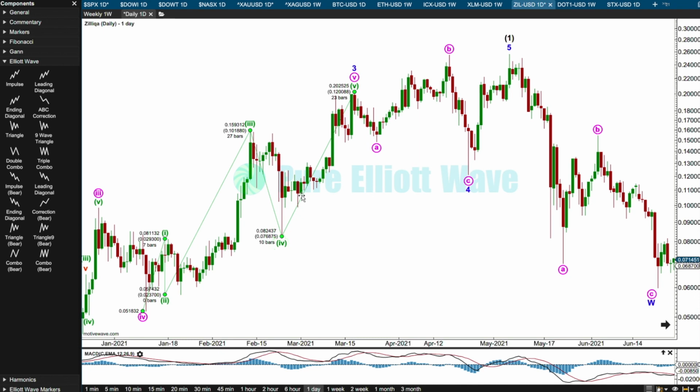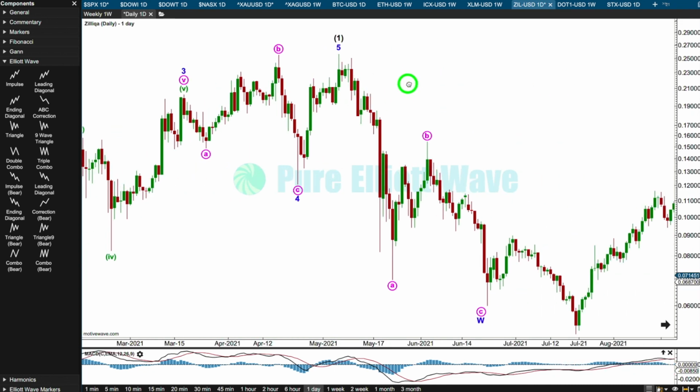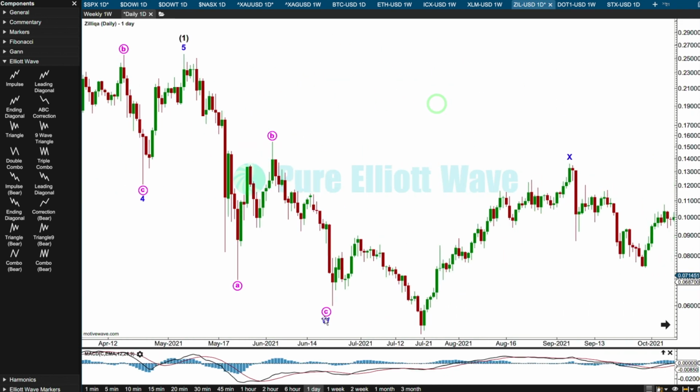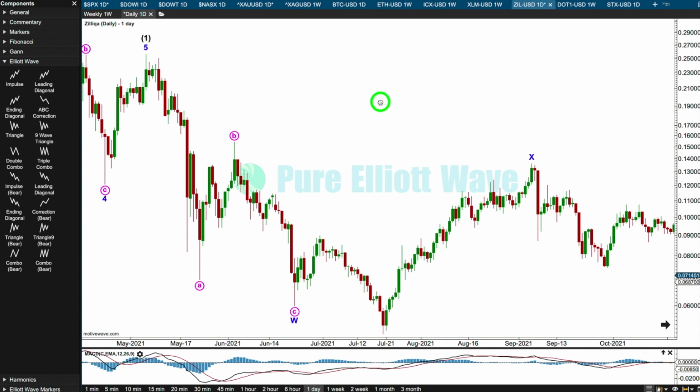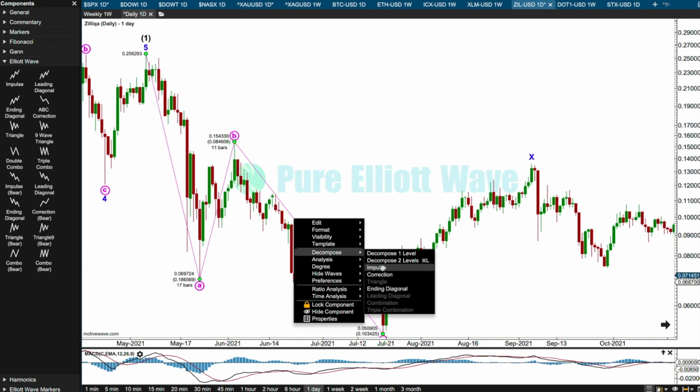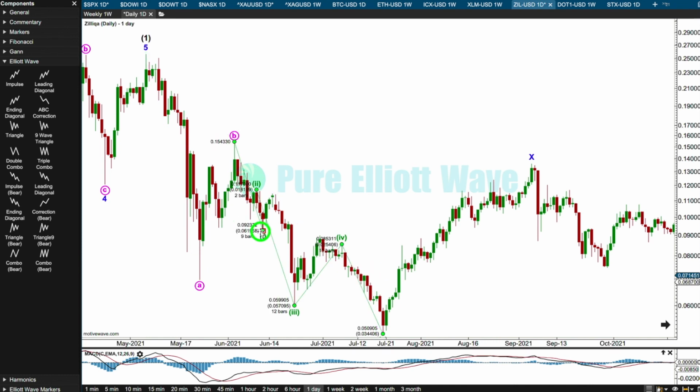And then, okay. X and expanded flat. Not sure about that. No, I think actually I want to see this here. And some kind of diagonal there. This here. Okay.